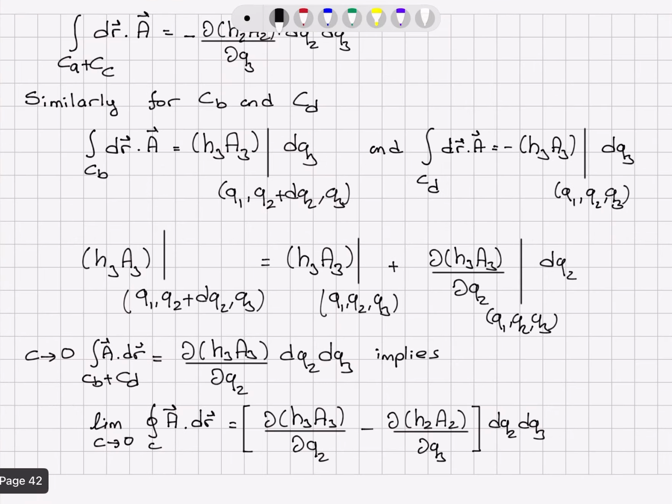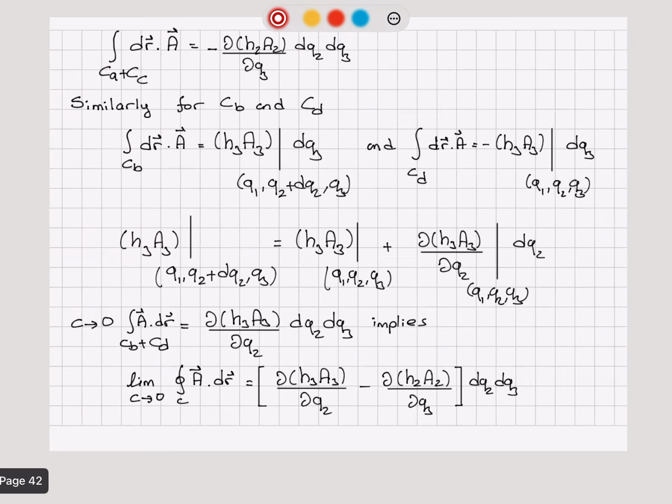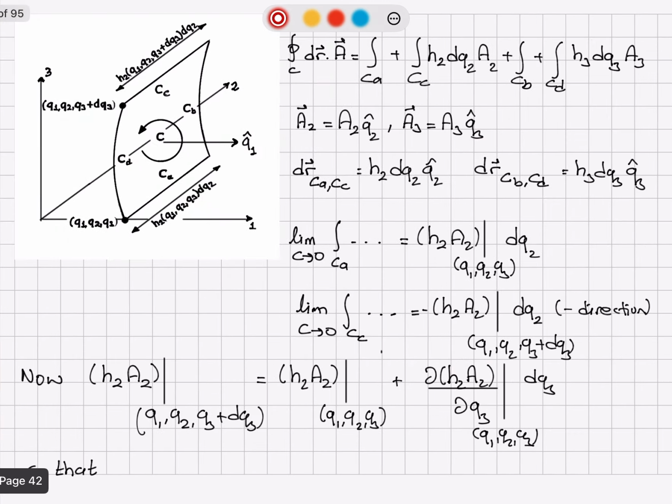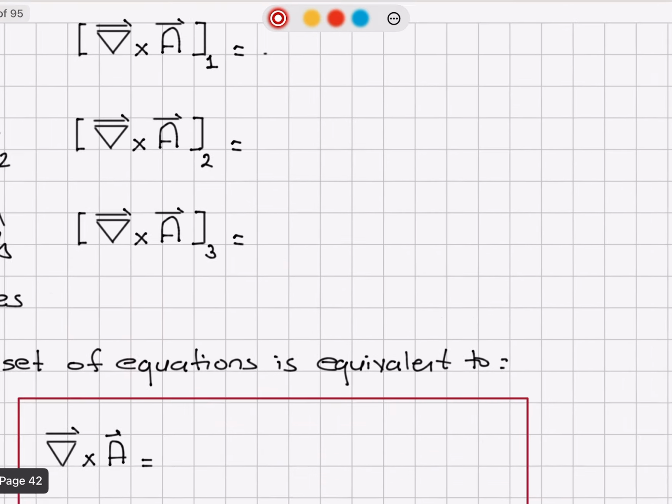Okay, so this basically tells me that now I have to divide it by this term, H2 H3 dQ2 dQ3 in Q1 hat direction, the closed surface integral for the first component. So I'm taking the dot product, so curl A's first component. So let's put it together.